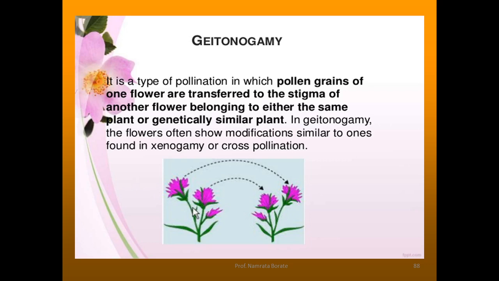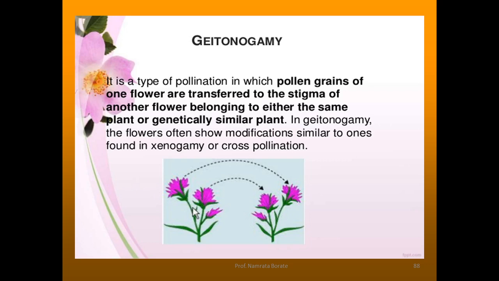So for the transfer of pollen grain from the anther to the receptive stigma, a pollinating agent is involved, but it cannot bring genetic variations. It is only of ecological significance. Geitonogamy is observed in cucurbita and maize plants.